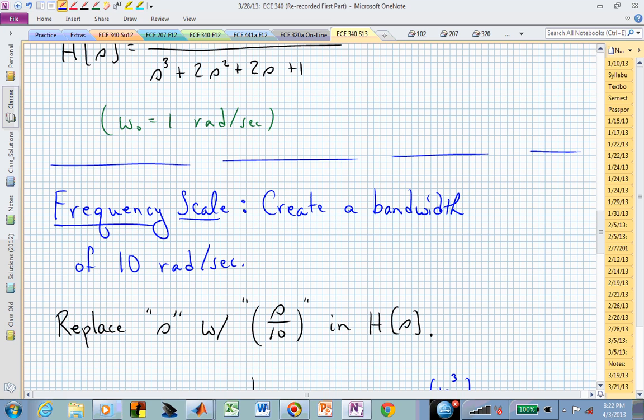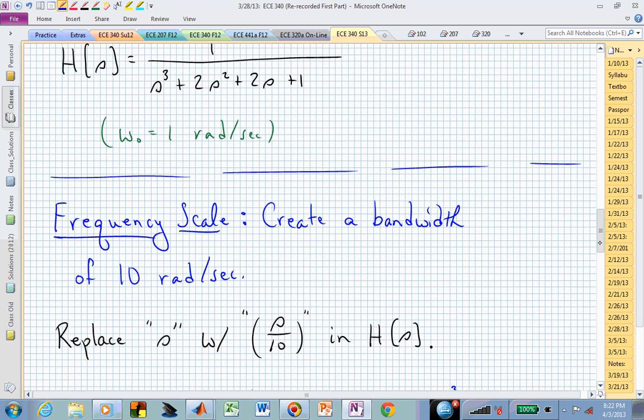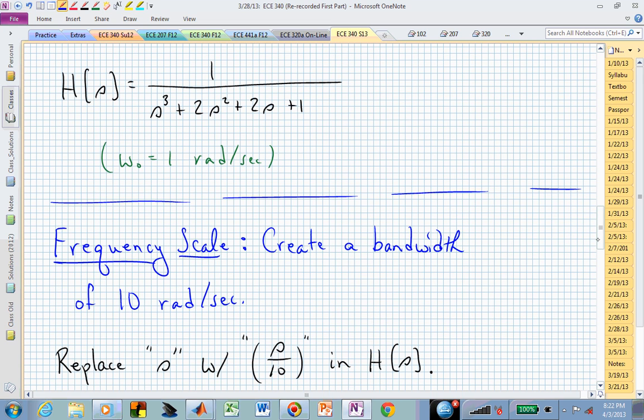And as we talked about last time, in order to frequency scale, what we do is in this normalized transfer function, we simply replace s everywhere with this new expression s over the frequency that we're wanting to create as a bandwidth. In this case, it's 10. So let's say that we want now a bandwidth of 10 radians per second.